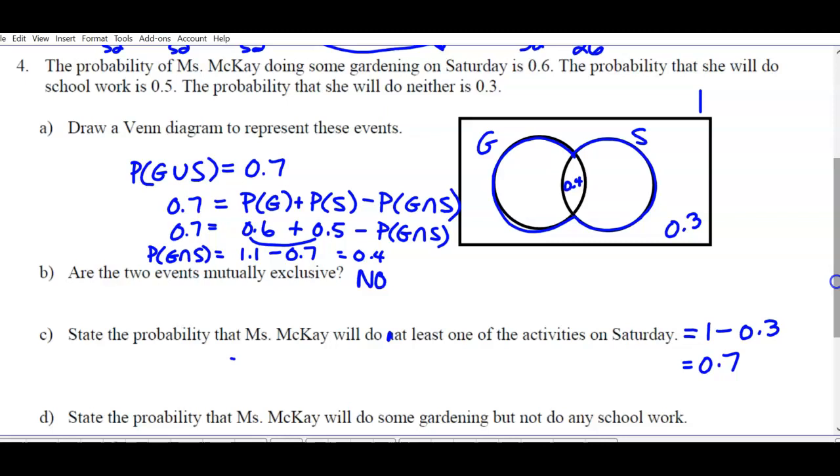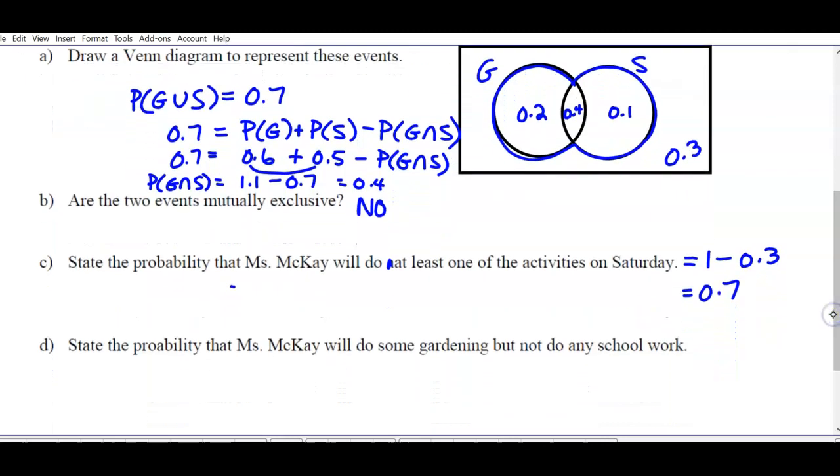And then remember, you subtract to get this: gardening alone would be 0.6 minus 0.4. Schoolwork alone would be 0.1. State the probability that I will do some gardening but not do any schoolwork. That's going to be 0.2.